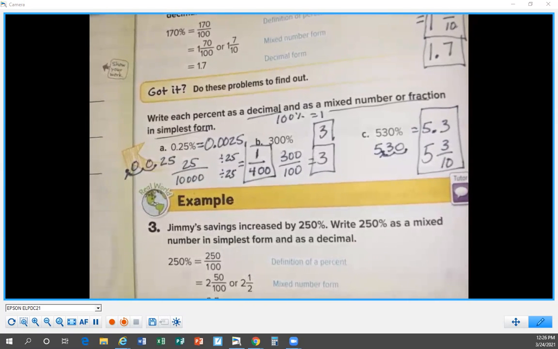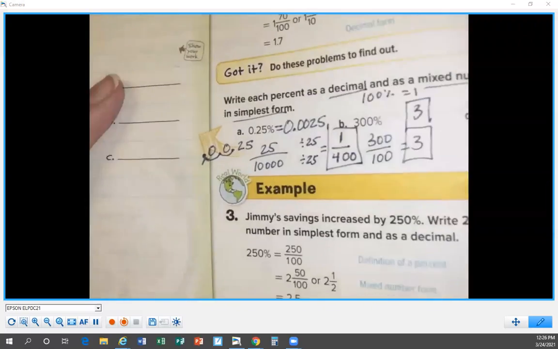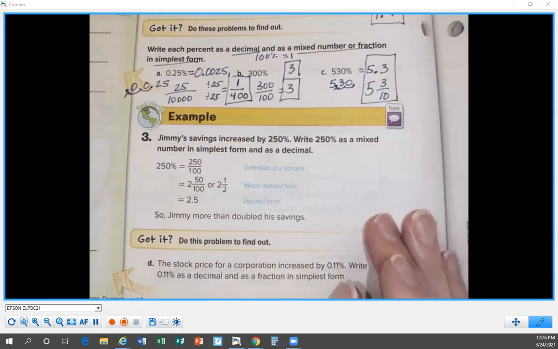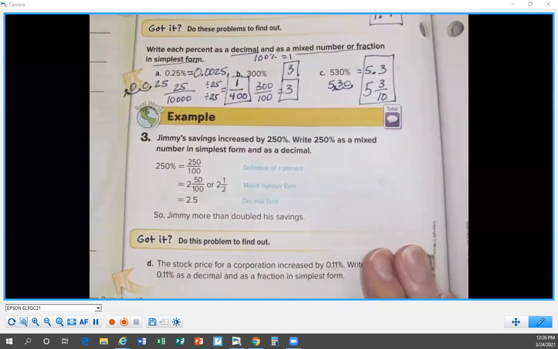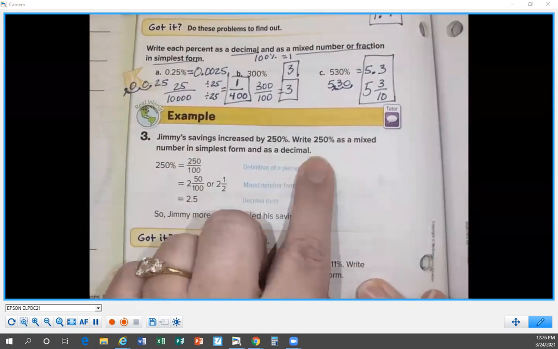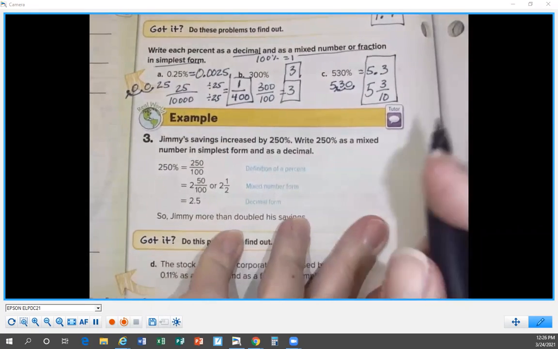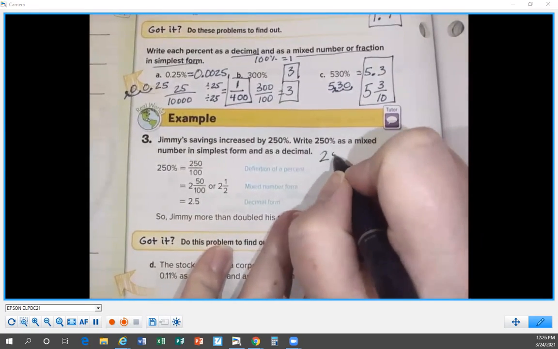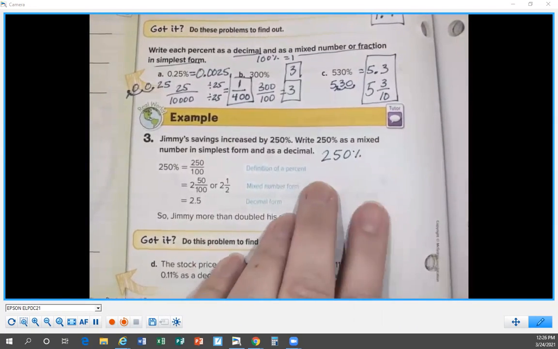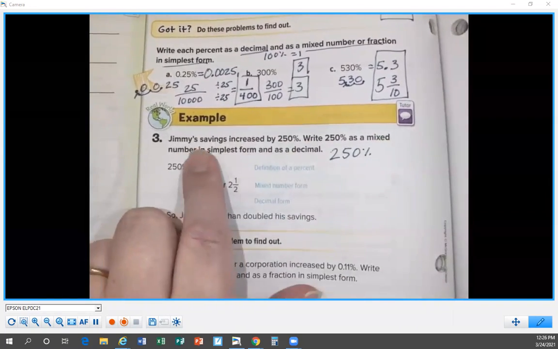All right, example 3. Jimmy's savings increased by 250%. Write 250% as a mixed number in simplest form and as a decimal. I like to start off with the decimal, but actually, let's do the fraction first, because they said fraction first, then decimal last.